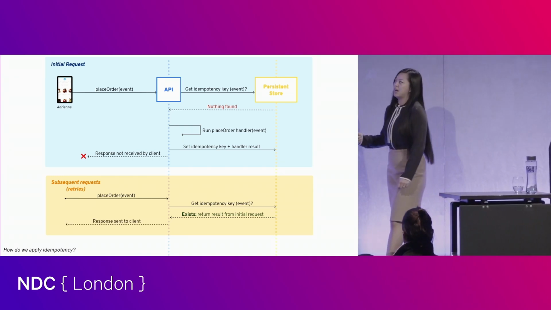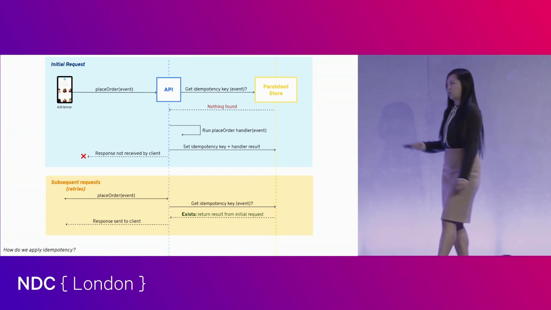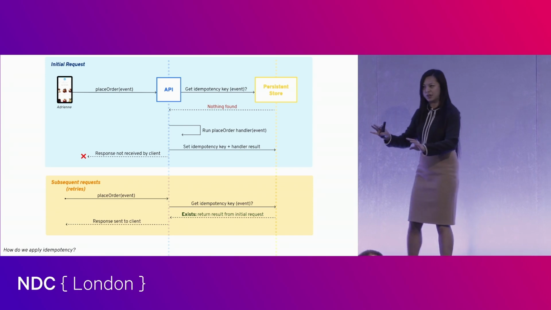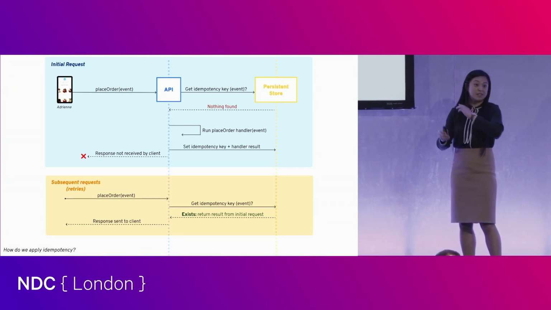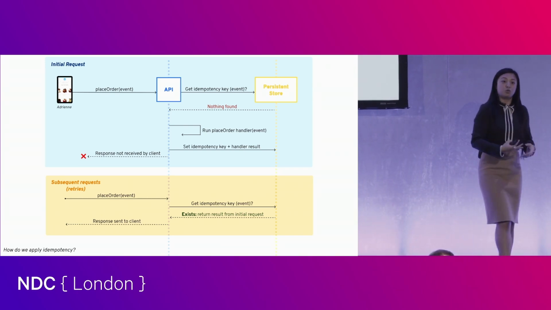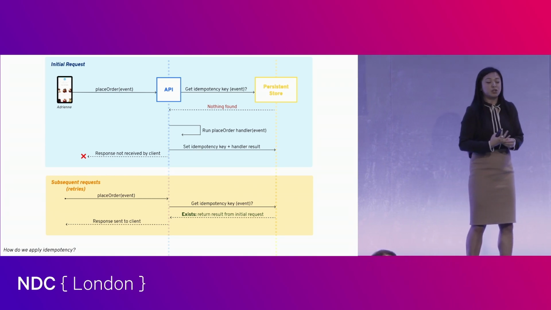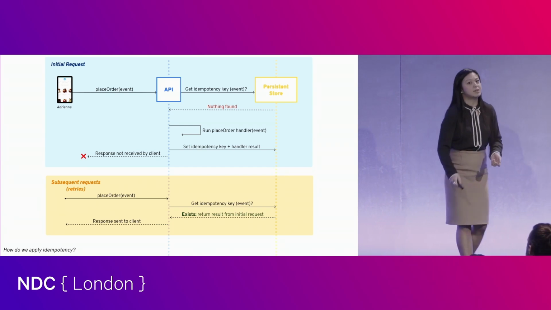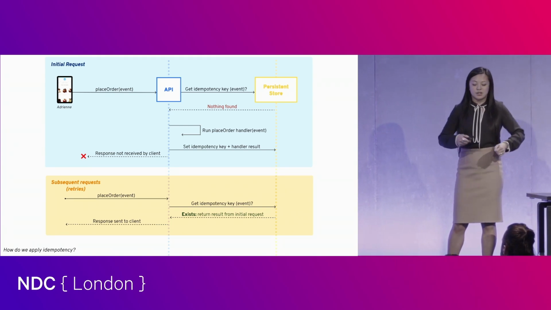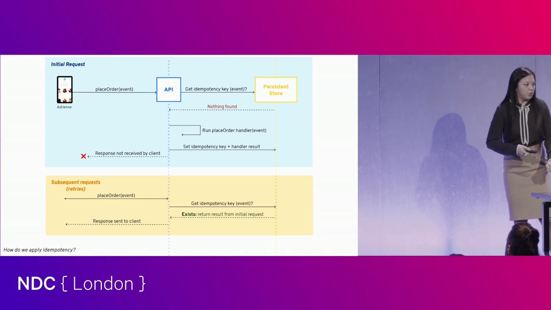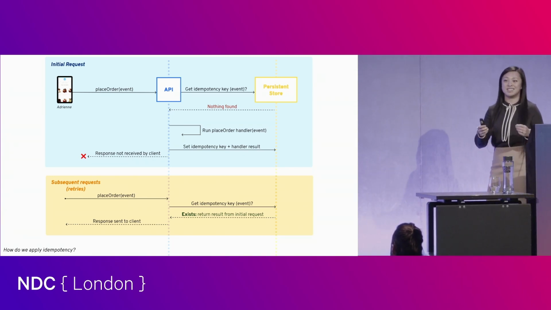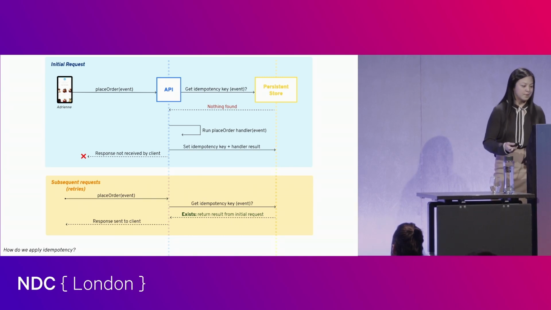And even if we have multiple subsequent requests, whether that's me clicking on it, and we can talk about why that shouldn't even be allowed, but even if it's the system itself that is doing these subsequent retries for you in an automated fashion, it's still going to be okay because it's going to check against the persistent store. It's going to see that particular event ID or idempotency key, whichever one that you're using, and it's going to know that this intent has been captured and has already been processed.